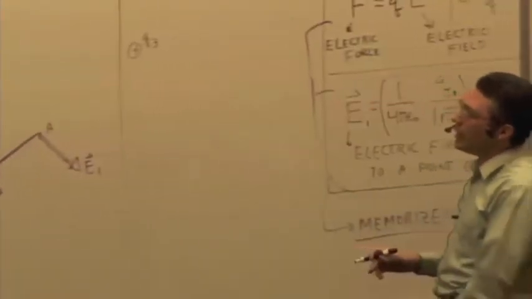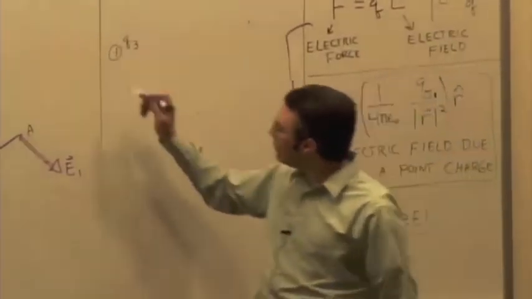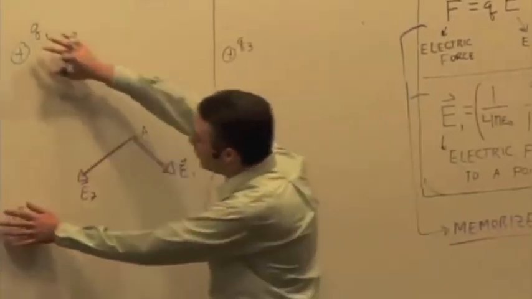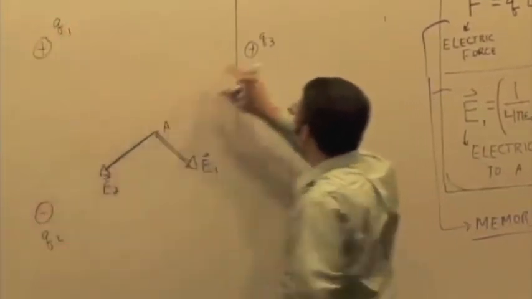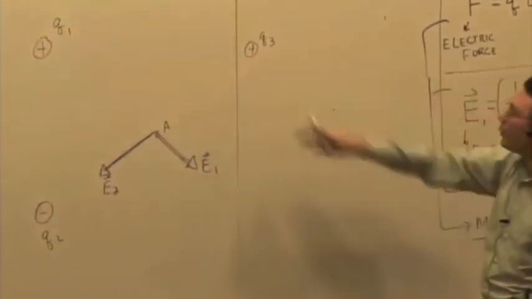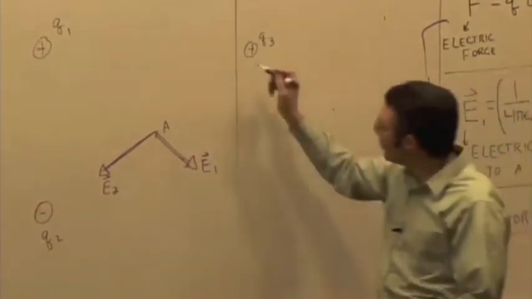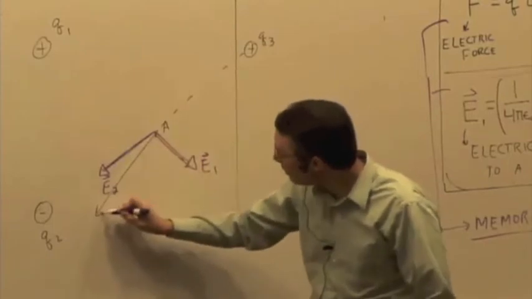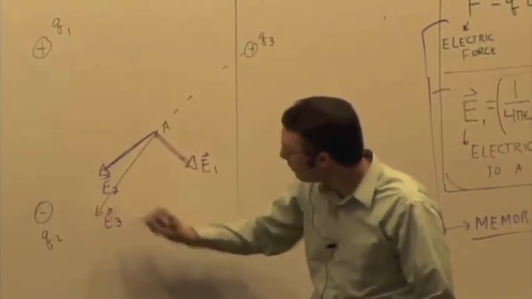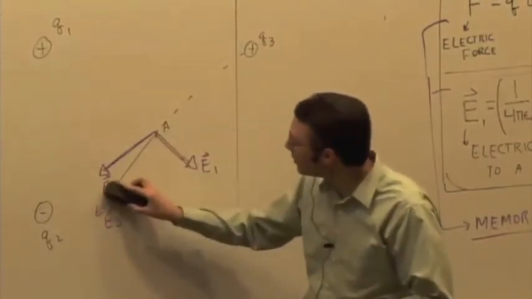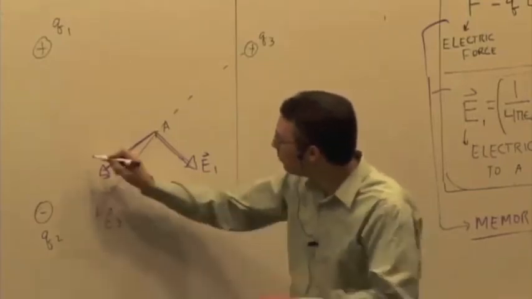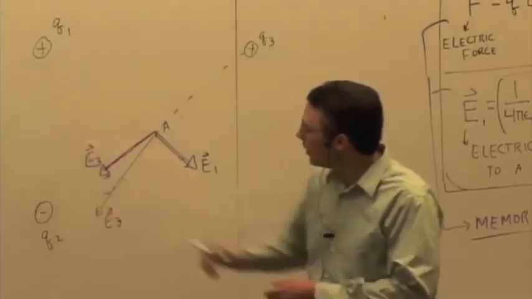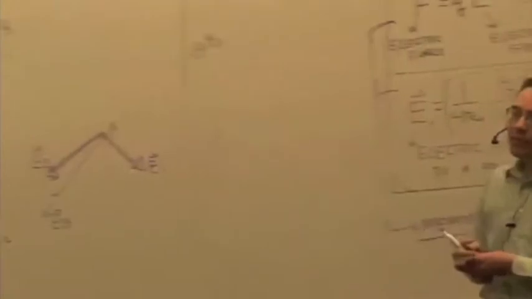And then Q3, we'd have to ignore Q1 and Q2, treat it as if only Q3 were around to find the electric field due to Q3, and that would be pointing, let's see, away from it, kind of like that maybe. So that's E3. Let me rewrite this. And last step is just to add them up.